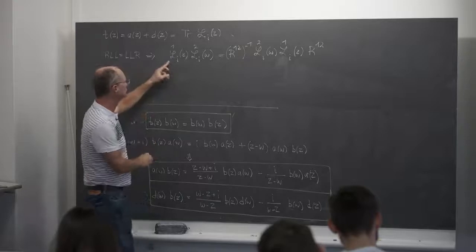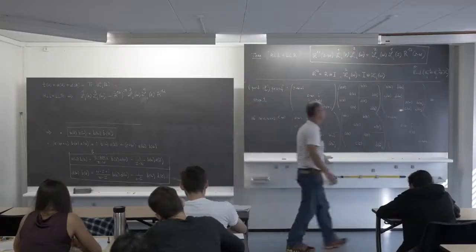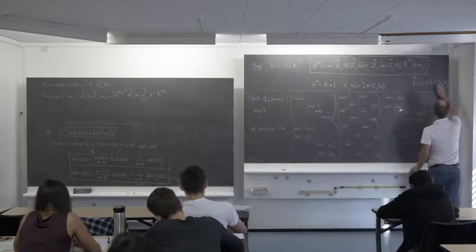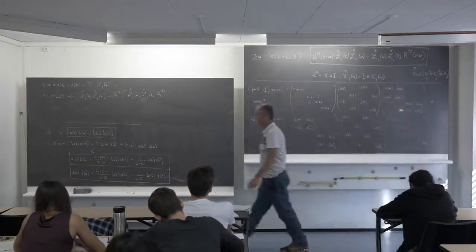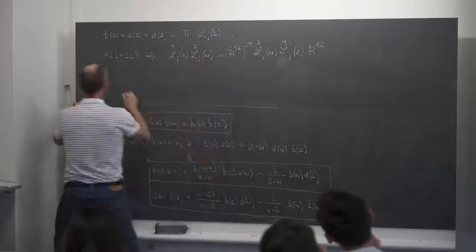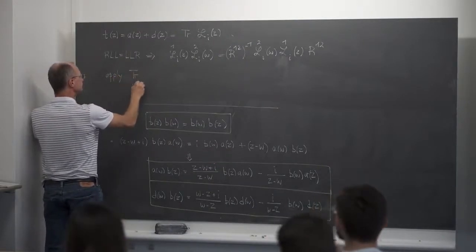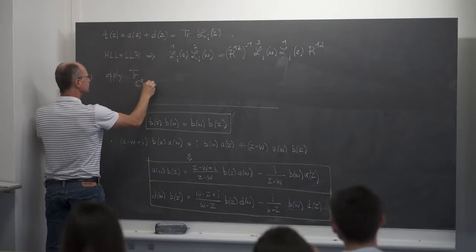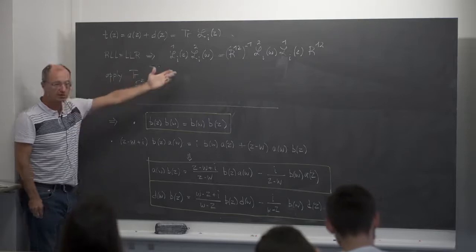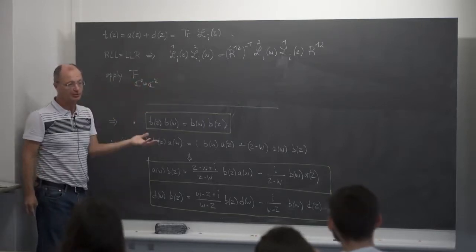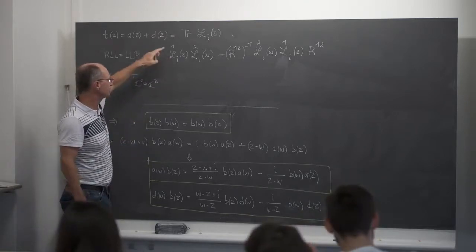Now let's take a trace on the first and second space. So remember, we have here this huge product, C2 times C2 tensor H, right? So that's where this operator acts. Now let's apply to it trace in C2 tensor C2. So the resulting identity will be an identity for operators in H. Now what happens when you take a trace of that?